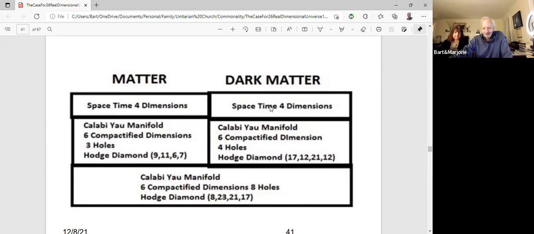Here we have, with dark matter, 3 dimensions for space, and again 6 compactified dimensions. So there's 3 that are dealing with some subspace, and another 3 multiplied by the square root of -1 that give us a total of 6. And then down here at the bottom, we have something that synchronizes everything that's taking place here. So everything syncs up with everything else. Nothing is ever out of sync.